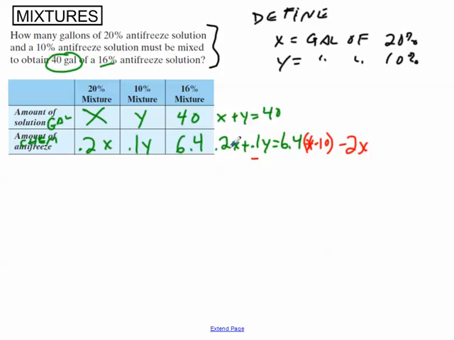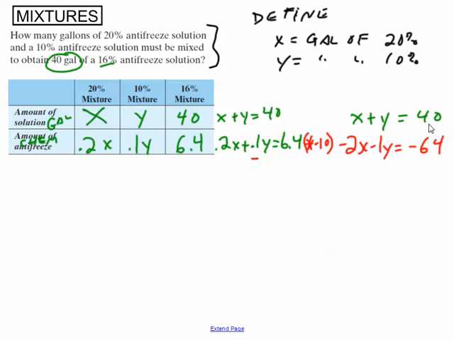Multiply by 10, you move the decimal point over. 0.1 times negative 10 gives me negative 1y. 6.4 times negative 10 equals negative 64. And the green stays the same. X plus y equals 40.